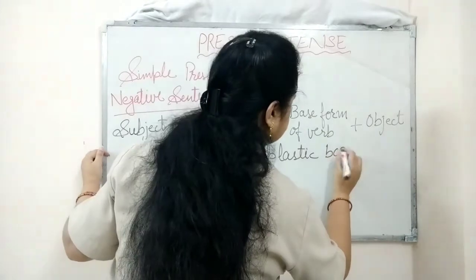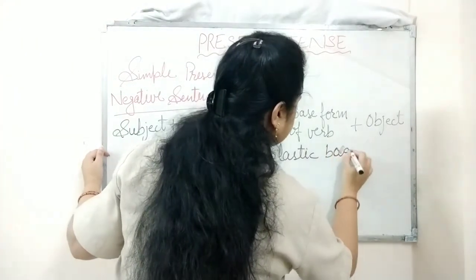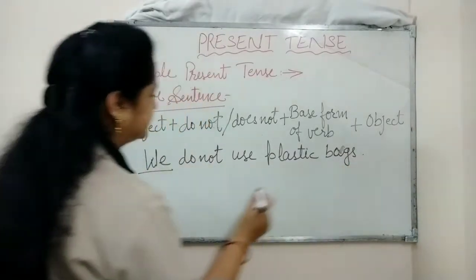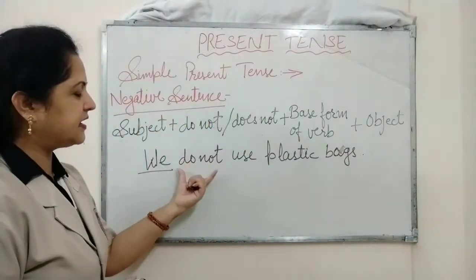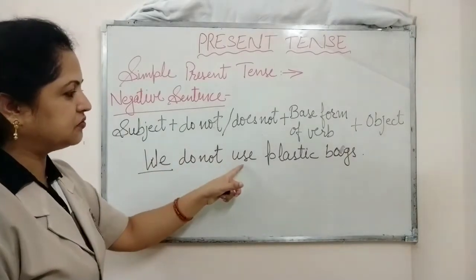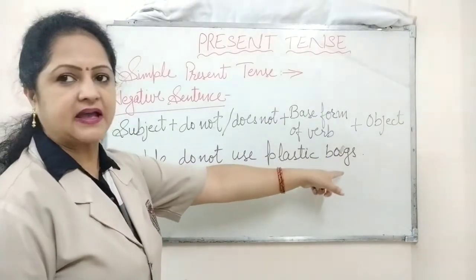As we have used we as the subject of the sentence, that's why we have written do not. So we do not use plastic bags.